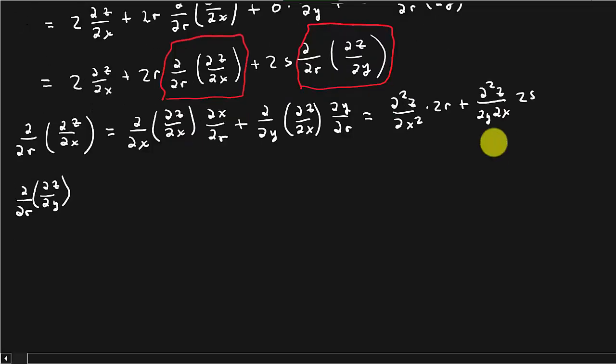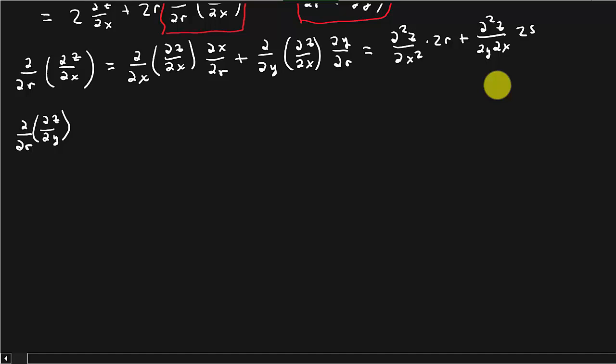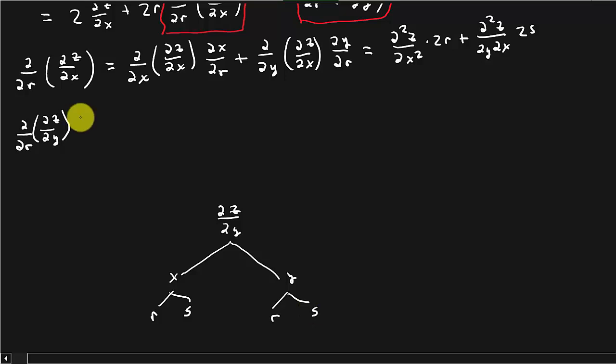So once again, let's just come up here and let's do our tree diagram. So we got partial z with respect to y. We got x, y. We've got r, s, r, s. Okay? All right. So we're going from here to here. Let's do it in red. There, and then there.